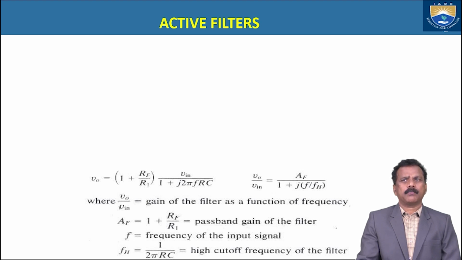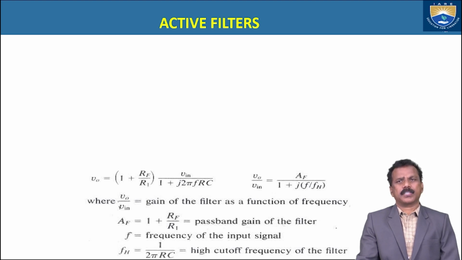Output voltage by input voltage is the gain of the filter as a function of frequency, where AF is equal to 1 plus RF by R1, the pass band gain of the filter, F is the frequency of the input signal, and FH is equal to 1 by 2 pi RC, the high cutoff frequency of the filter.